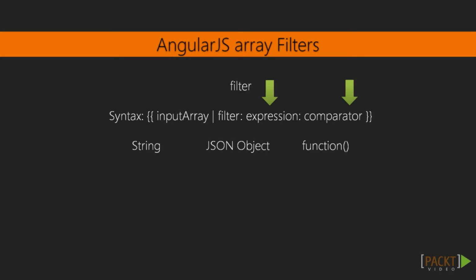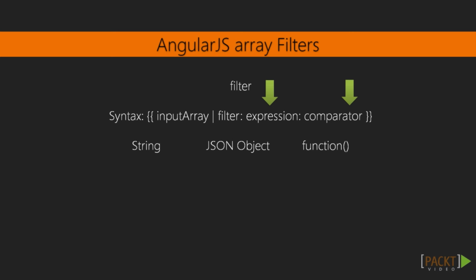There's a filter just called filter. This one will expect an expression and possibly a comparison function to evaluate which elements should be filtered out of the array. It sounds complicated at first, but it's not. The expression parameter is the predicate to be used for selecting items from the array. The expression can be a string that will be used for substring match against the contents of the array.